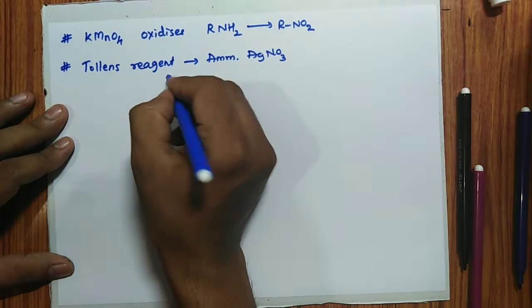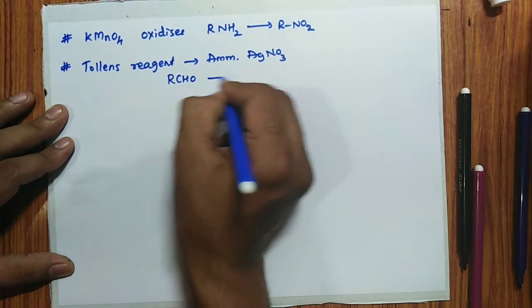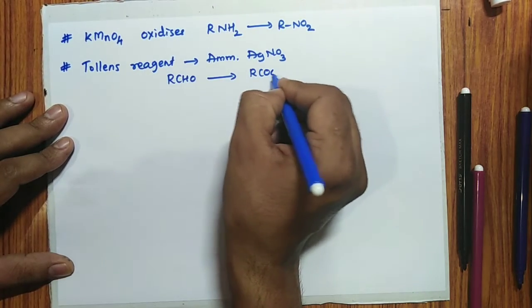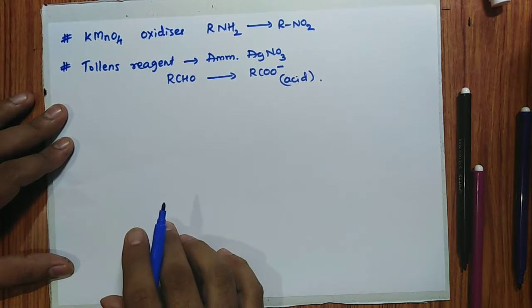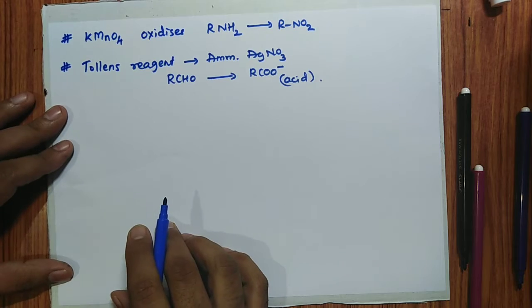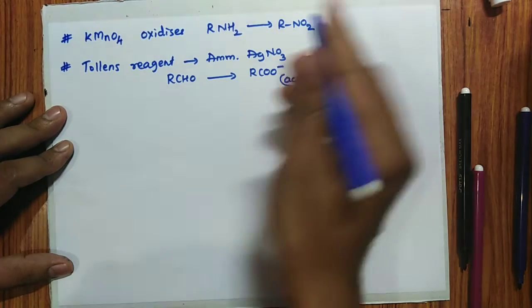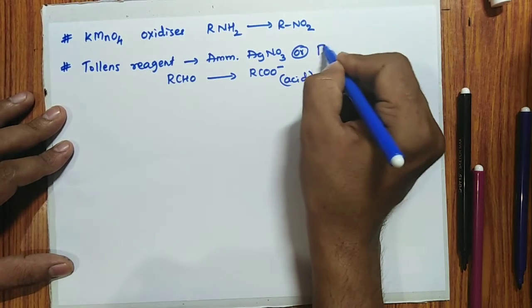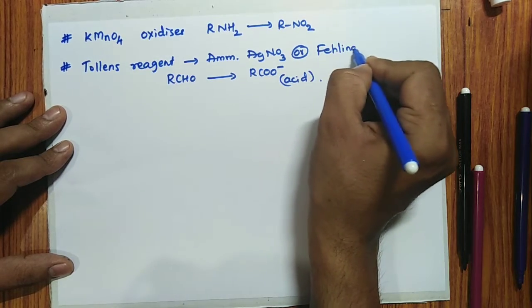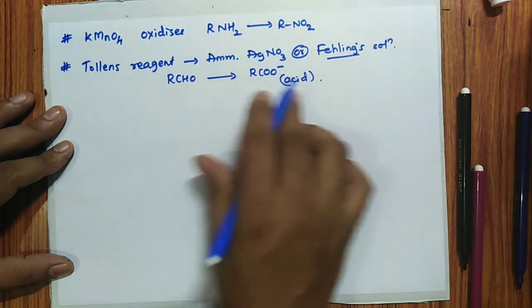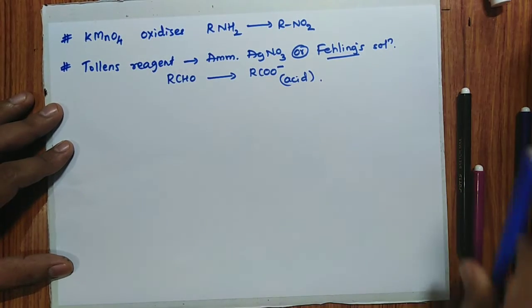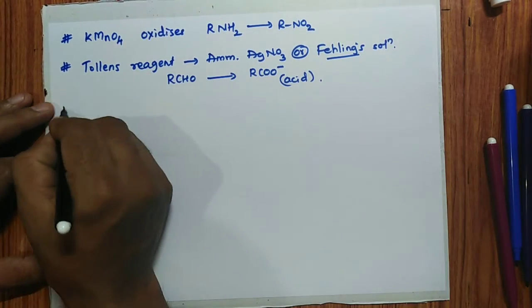So what will it do? It will convert RCHO to RCOO minus, that is carboxylate ion, acid, right? This is Tollens reagent. And similarly, here I will write Fehling's solution. With Fehling's reagent also you are going to get the same conversion. Remember that, very important point.